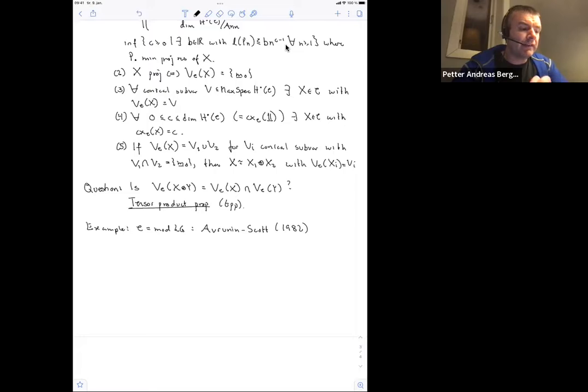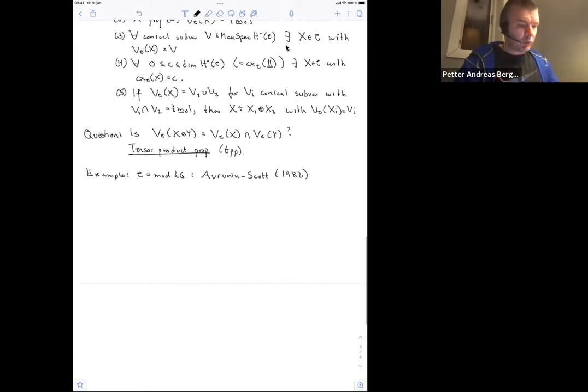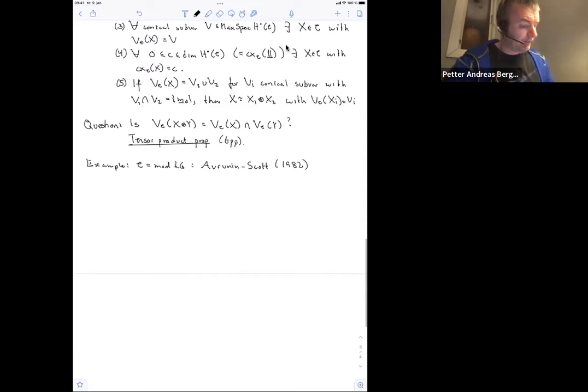If you want to classify the thick tensor ideals using this notion of support, then you basically want the support varieties to form a classifying support data. So that is what we want. But in order for this to hold, what you will actually need is that the support varieties satisfy the tensor product property. So that's one reason why we're interested in this.